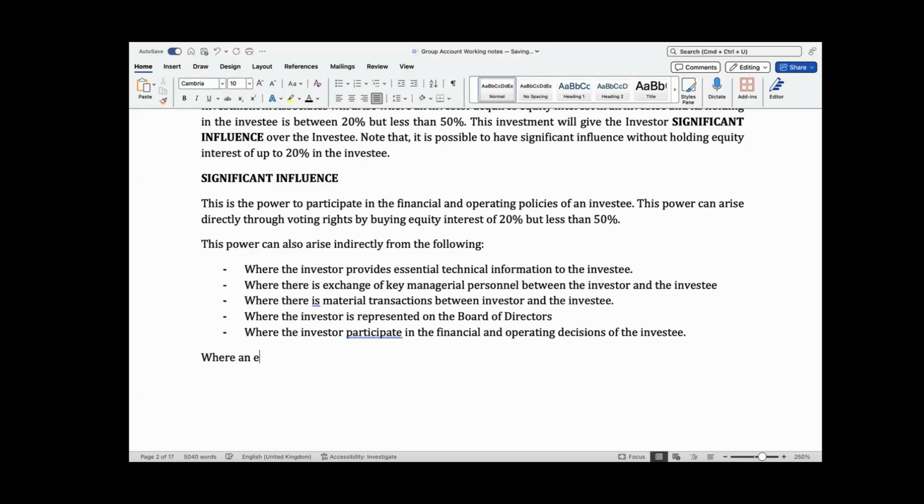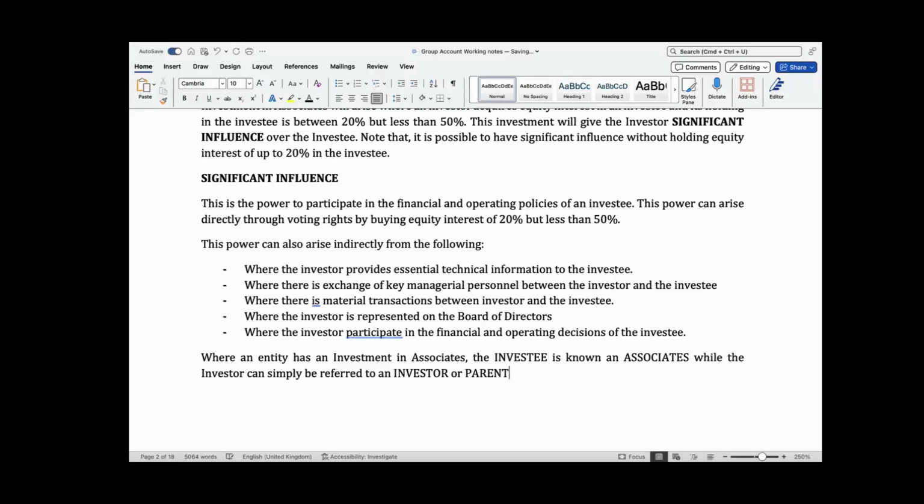You see, where an entity has an investment in associates because of what I've mentioned above, the investee is known as an associate, while the investor can simply be referred to as an investor or parent, but this is arguable, right?